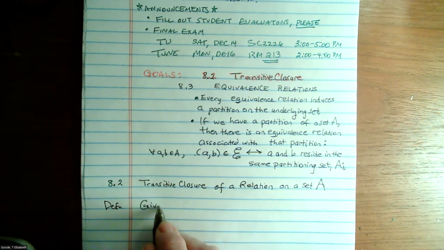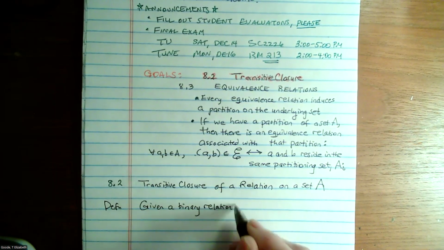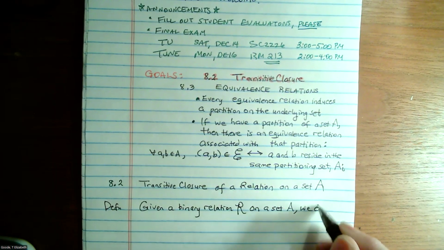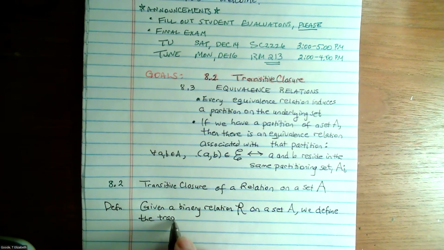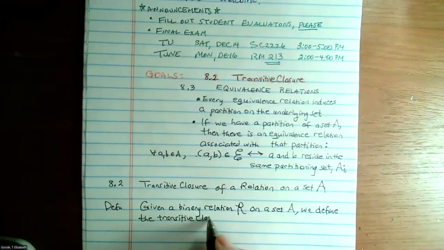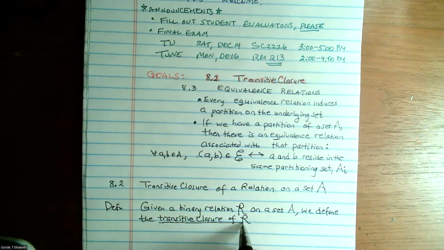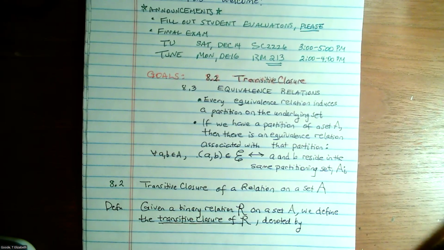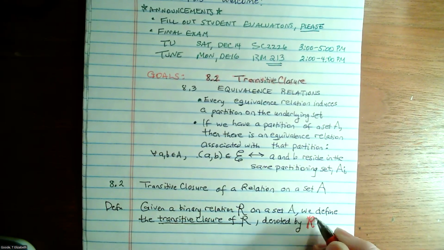Given a binary relation, curly R, on a set A, we define the transitive closure of curly R. That's what we're defining, the transitive closure of this relation, curly R. And it's denoted by curly R raised to the power T for transitivity.